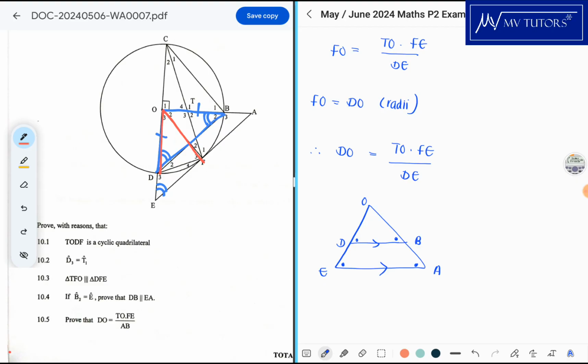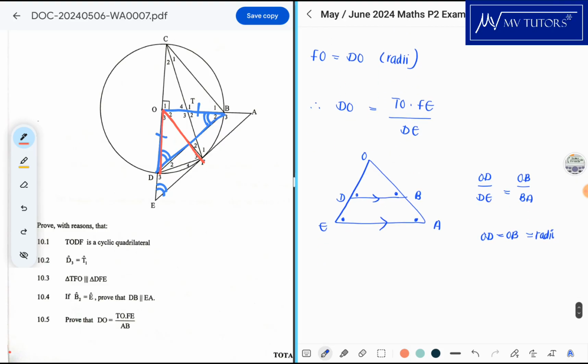And so using the proportionality theorem, I can say that OD over DE is equal to OB over BA. And I know that OD and OB are equal. Again, these are radii.